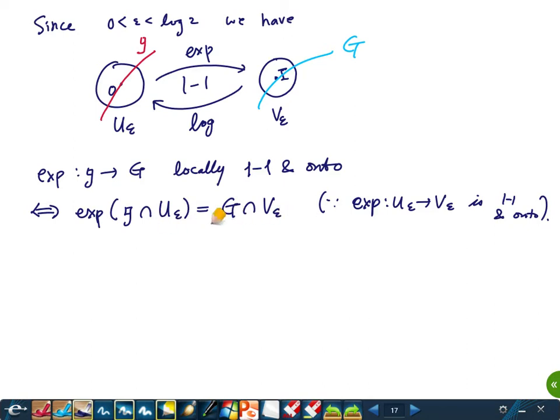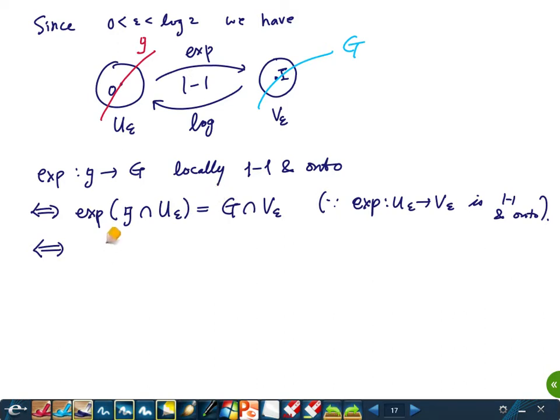We have this condition. But we know that this is always inside this: exponential is a map from the Gothic G to capital G, and exponential sends this to this, so this part is obvious.